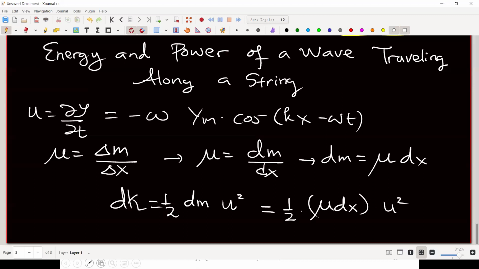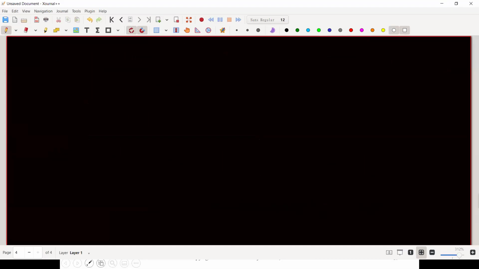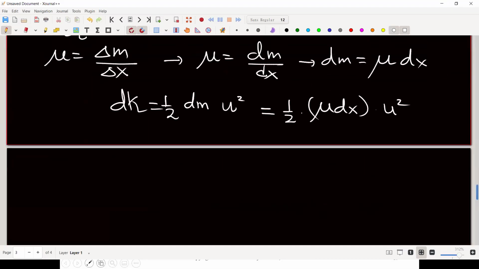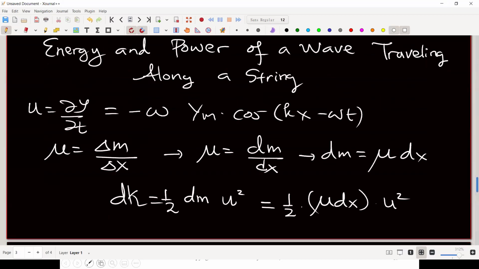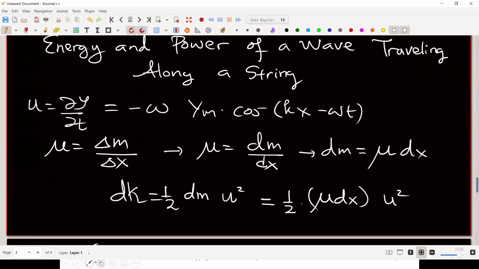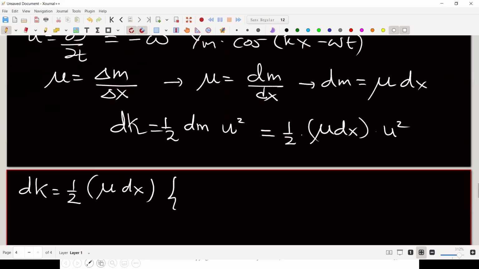I think u squared is relatively long, then we can write this one. So the K is half mu dx, u squared is this one, right? Minus omega ym cos(kx minus omega t), squared.